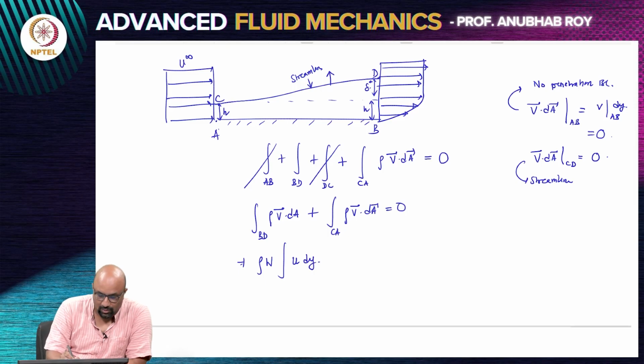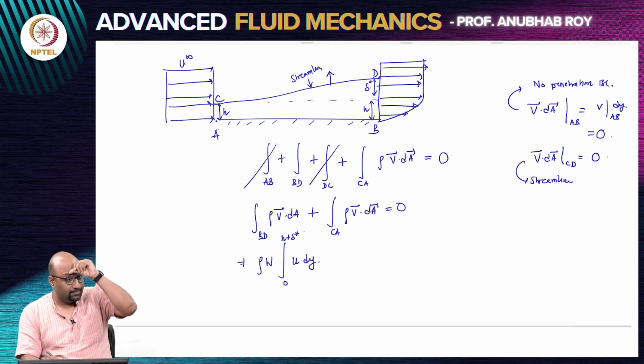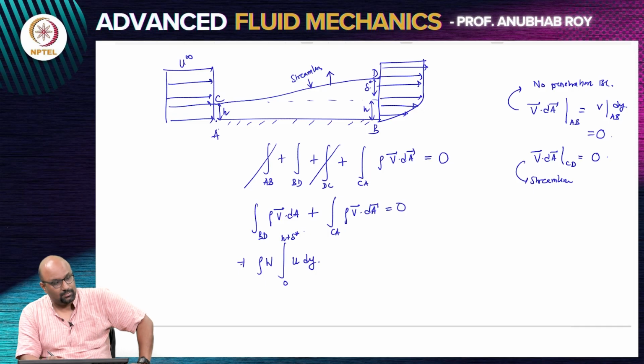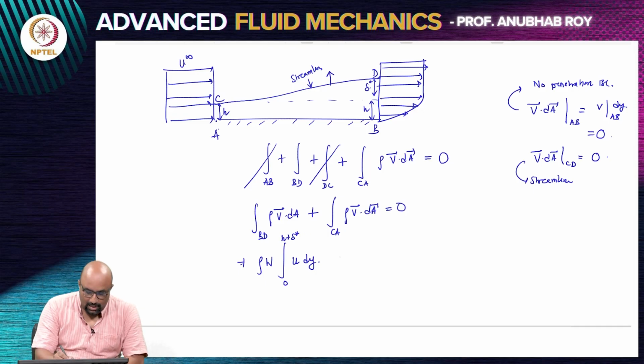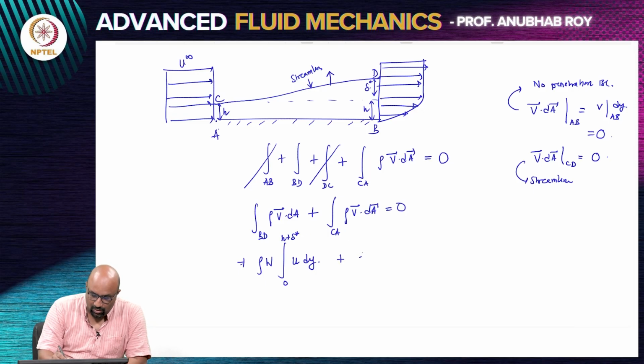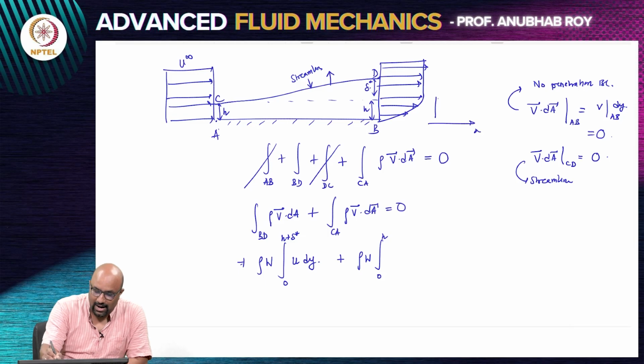So, it is u plus u dy with the integral going from 0 to h plus delta star. For the inflow, I will have rho w integral 0 to h, V dot dA. u is pointing towards plus x and dA is pointing towards minus x, which means this becomes minus u dy.